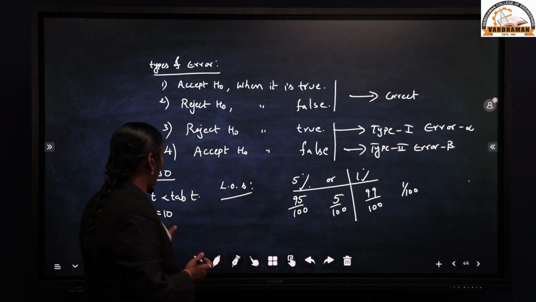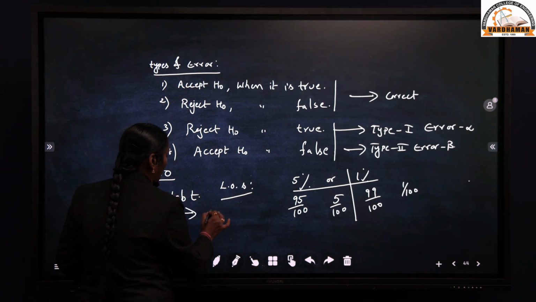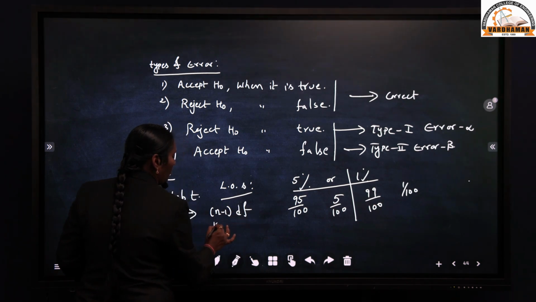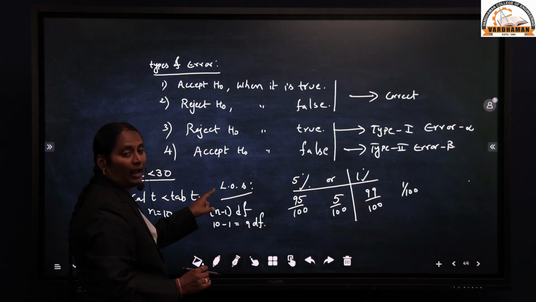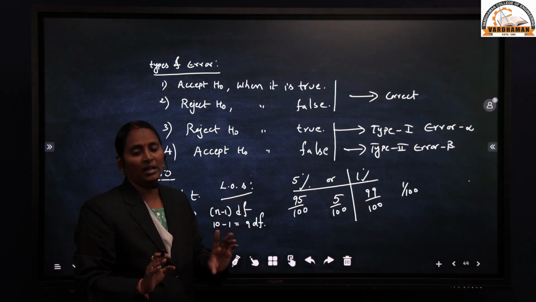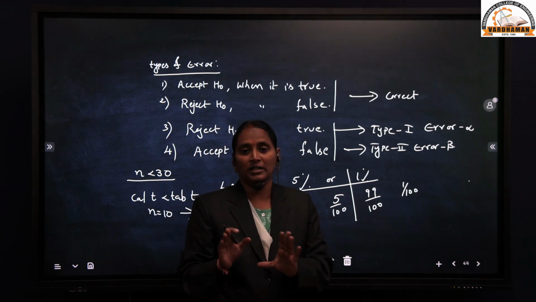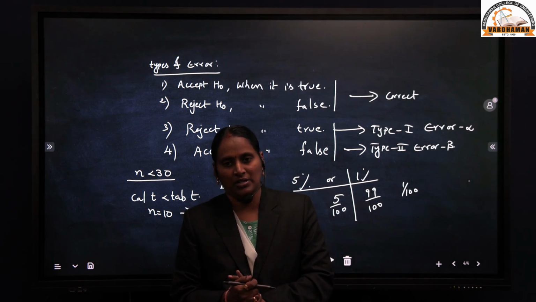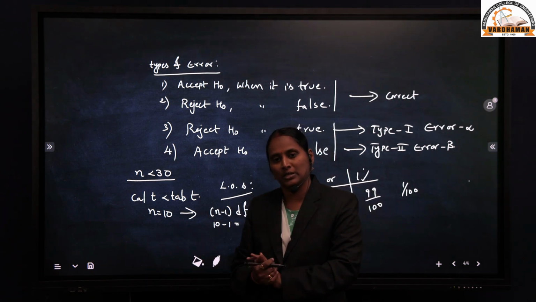Here the number of observations is n equal to 10, so we find n minus 1 degrees of freedom: 10 minus 1 is 9 degrees of freedom, at the 5% or 1% level of significance. We take the table value and conclude whether there is any significant difference in the data or no significant difference. By this process we solve all the problems in small sample tests.